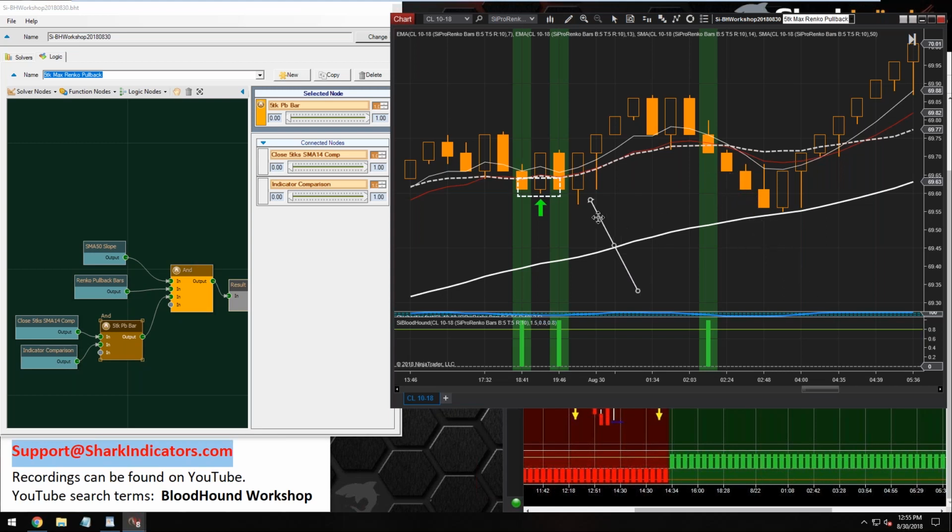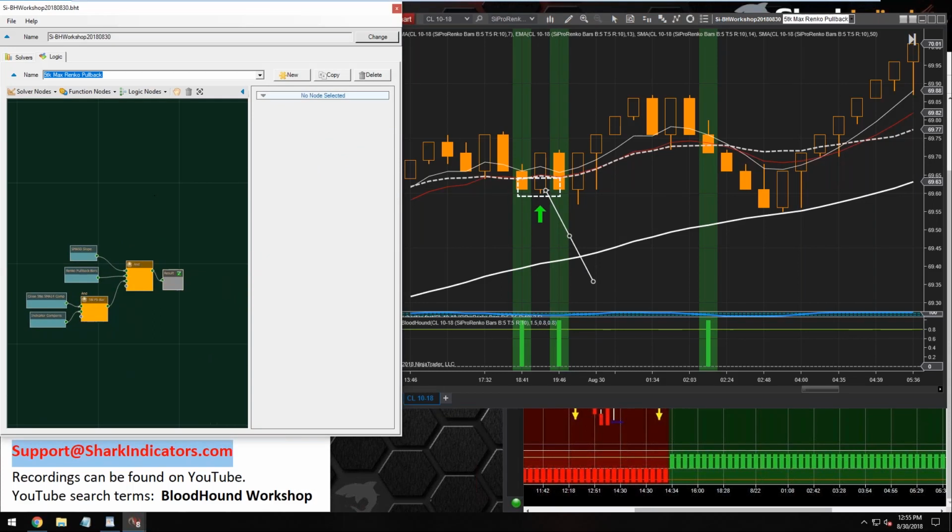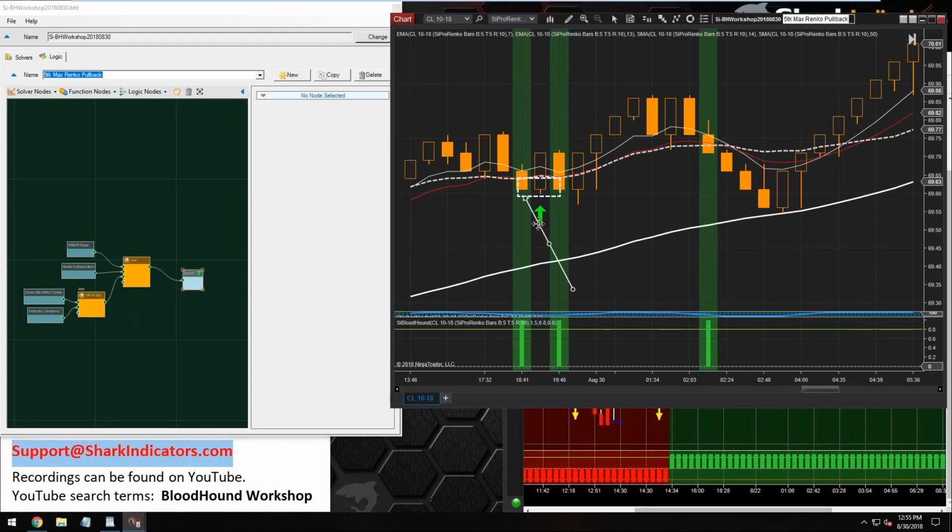Now the last thing we're looking for, where my signal arrow is, is the reversal bar. That's the last component we're looking for. So we need to get the signal of the pullback moved over 1 bar for the reversal bar to happen.